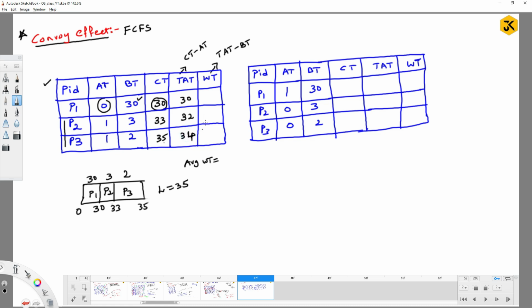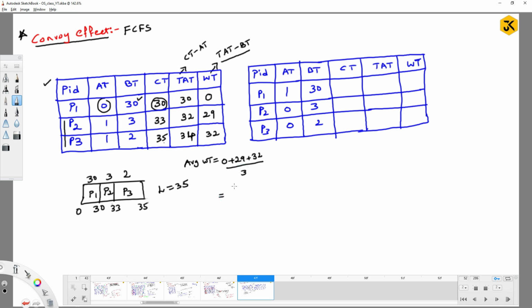Waiting time we can calculate as turnaround time minus burst time. Turnaround time is 30, burst time is 30, that is 0. 32 minus 3, 29. 34 minus 2, 32. So the average waiting time is 0 plus 29 plus 32 divided by 3.